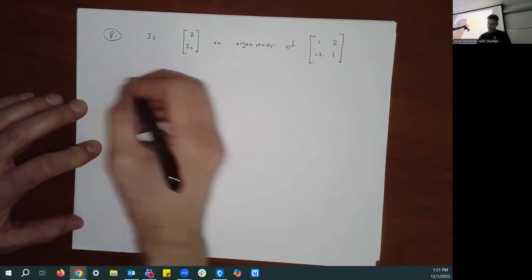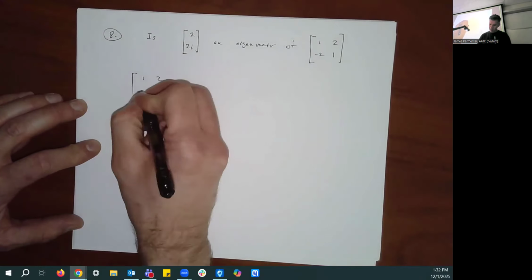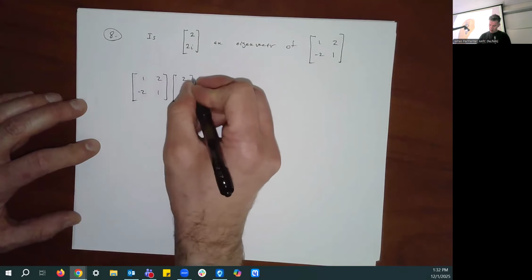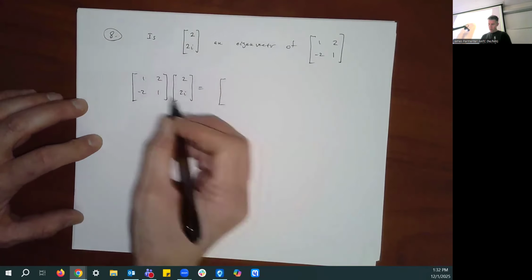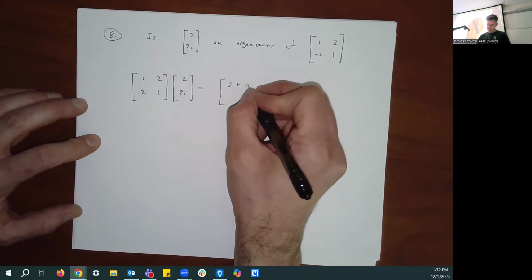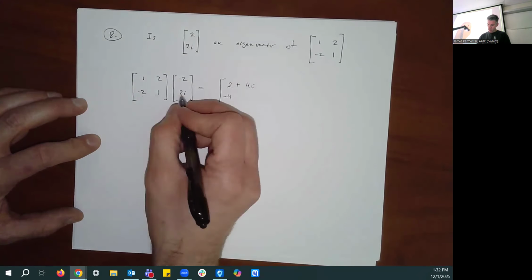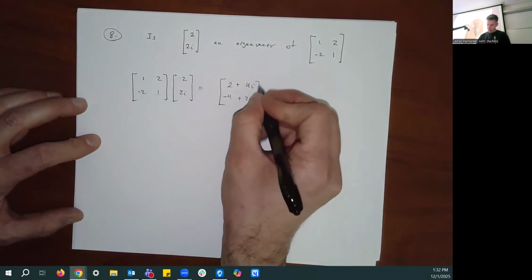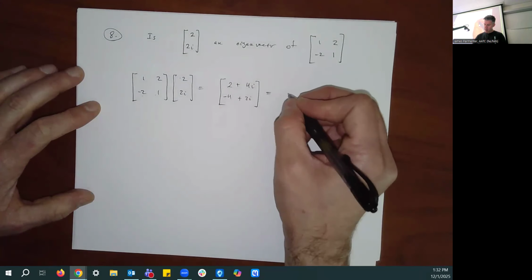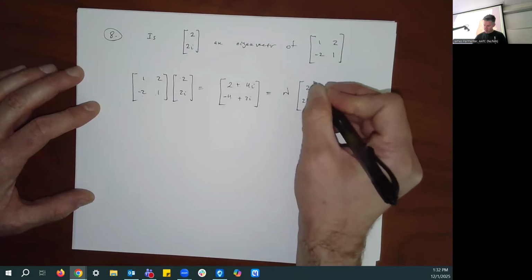Okay, let's do it. We take our matrix times our vector: 1, 2, negative 2, 1 times the vector 2, 2i. We get 1 times 2 plus 2 times 2i, which is 2 plus 4i. And then negative 2 times 2 and 1 times 2i. So now here's the question. Is this some number times 2, 2i?